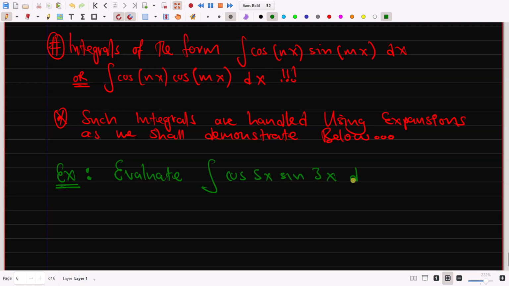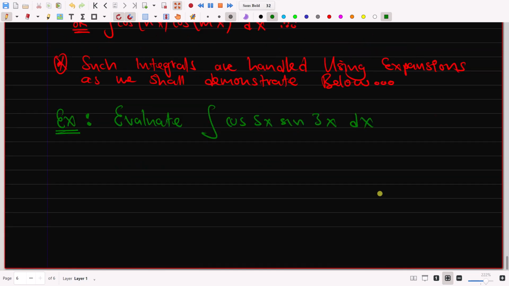To pick one, this is how we proceed. First you have to ask yourself, is there an expansion that can actually give you something like this? And if you look close, you'll see that there's one. For example, if you take the expansion of sine of 5x plus 3x, what will you get? You will get sine 5x cos 3x plus cos 5x sine 3x.